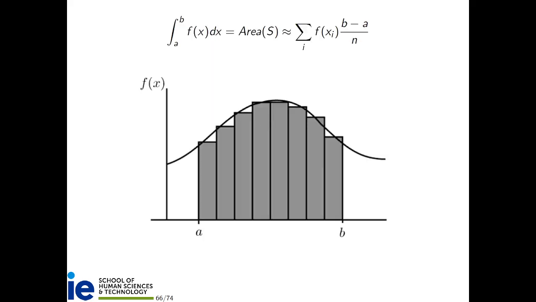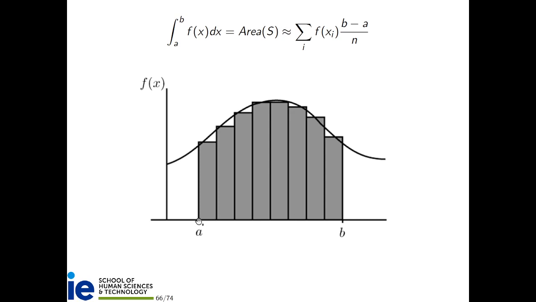So let's think a little bit of how we would compute the area under a curve. Let's think that here I have this area that I want to compute, and that we can somehow approximate it. Let's approximate it by dividing the interval a, b in some smaller intervals, all of the same length. And suppose I have n smaller intervals.